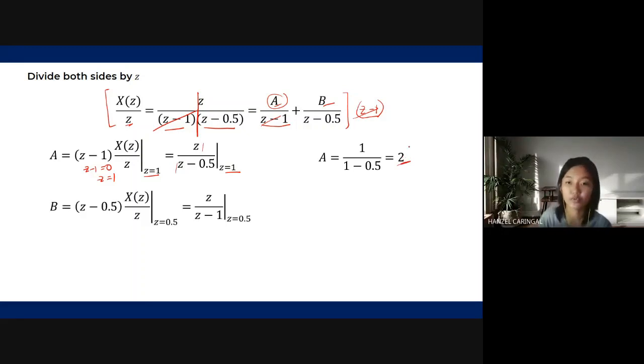Next is to solve for B. It is the same process. We just have to multiply.